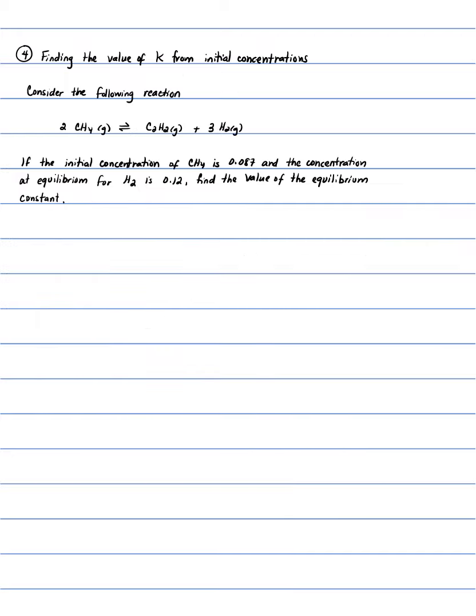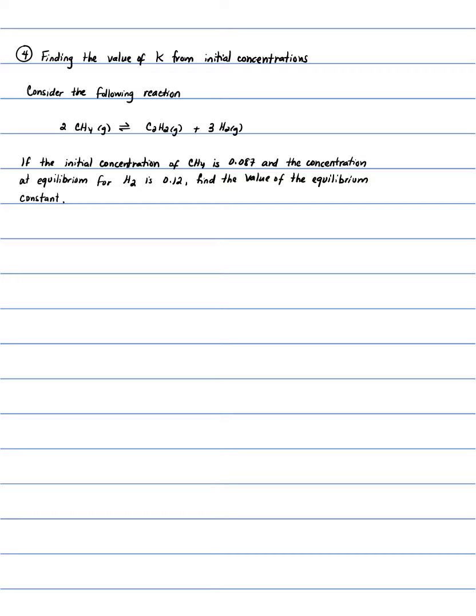Another possible type of problem is when you're not given the numerical value of K and you have to find out that numerical value of K. You also need to find the concentrations at equilibrium. To calculate the numerical value of K, the equilibrium constant, you need concentrations at equilibrium.